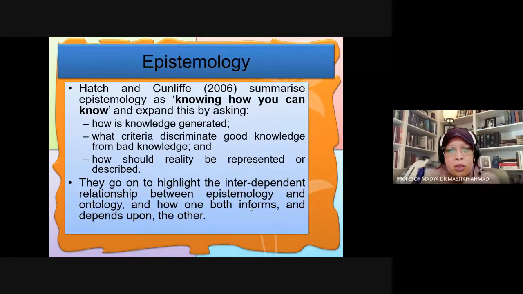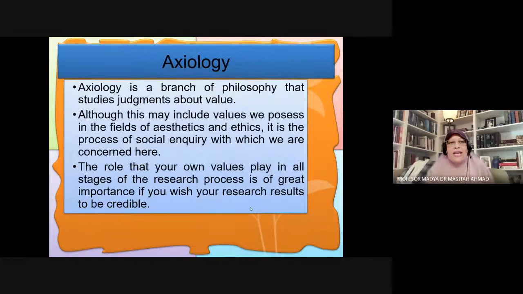Epistemology and ontology are related to each other. If you choose the wrong epistemology and ontology in your research method, it will make your research philosophy also not proper. As mentioned here, each depends upon the other, and they are related to each other.